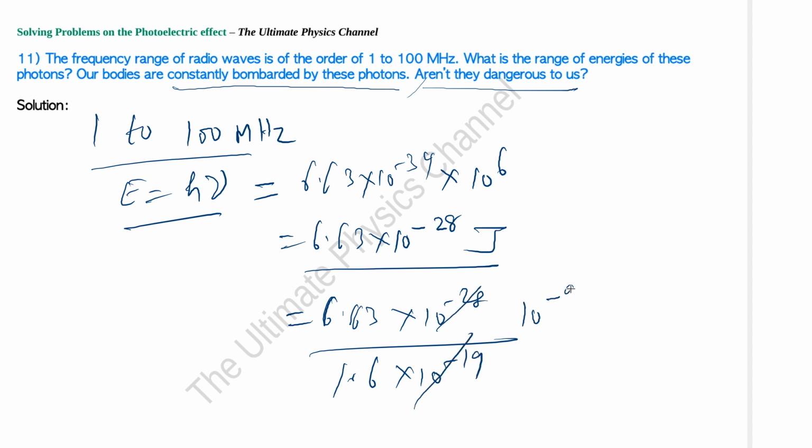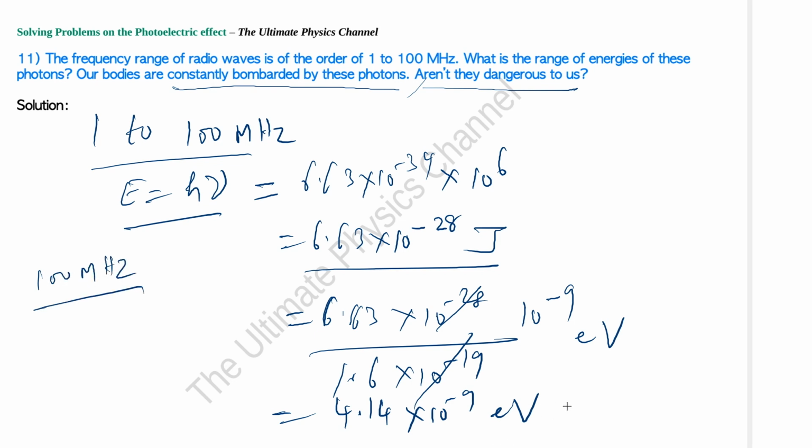This is nearly 4.14 into 10 power minus 9 eV. That's a small energy. So for 100 megahertz next, if we calculate the same thing, it would be this multiplied by 100. So that is 4.14 times 10 power minus 7 eV.